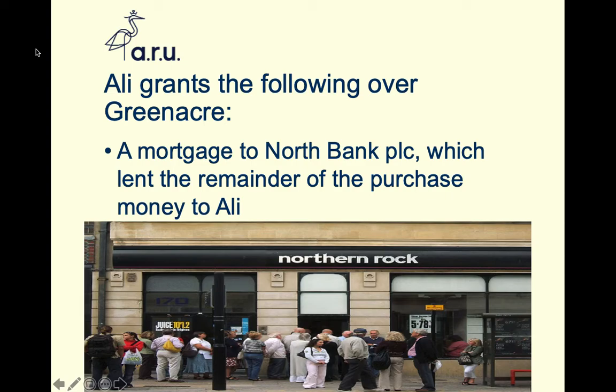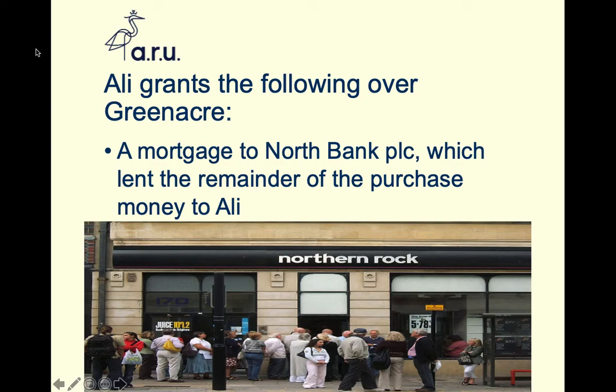So in effect, although Ali appears in the eyes of the law as the strongest party, the fee simple absolute and possession holder under section 11A, 20% of that property in the eyes of equity would belong to her mother, and 80% of the property in the eyes of the law belongs to the bank.